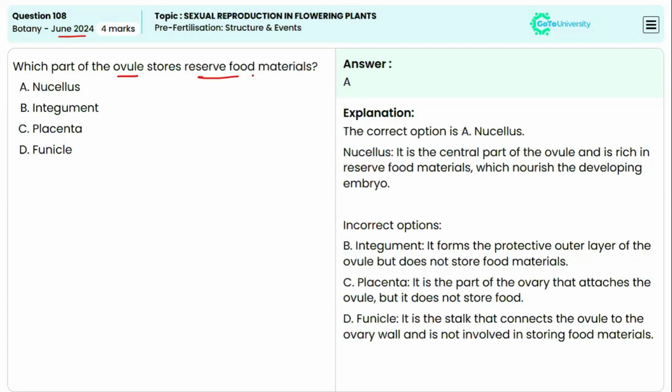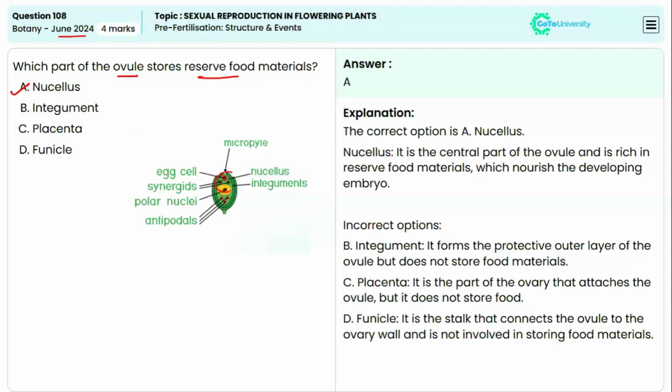So we had already discussed this topic. The answer is option A, nucellus. So nucellus is the central part of the ovule, and it is rich in reserve food materials which nourish the developing embryo. And the other options, we have integuments. As we discussed, integuments form the protective outer layer of the ovule, and it does not store food material.